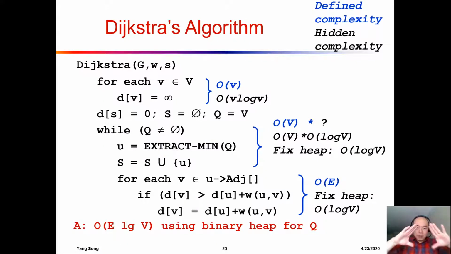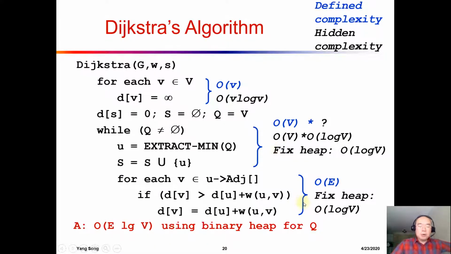The heap is a triangle, and we are taking the top value, which is the minimum, out. Then we have to fix the heap, and to fix the heap, that is log V. So the question mark is really a log V here. So the second part is V multiplied by O(log V), so that is an O(V log V) algorithm.